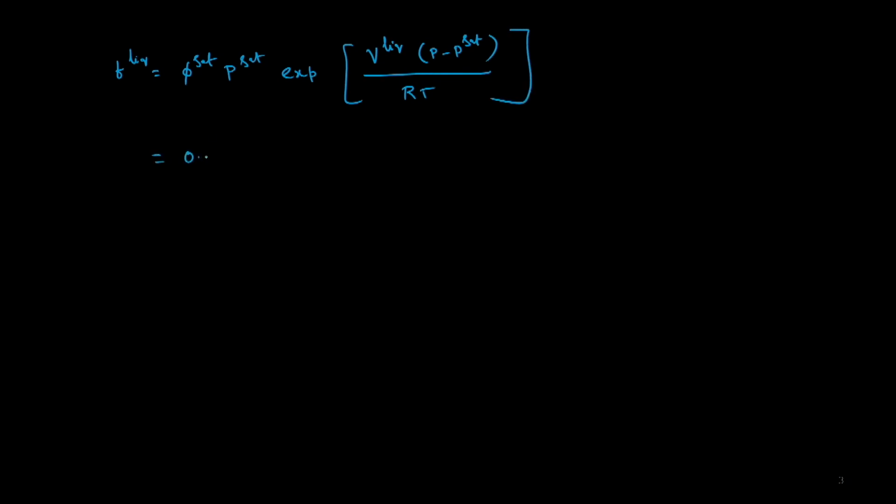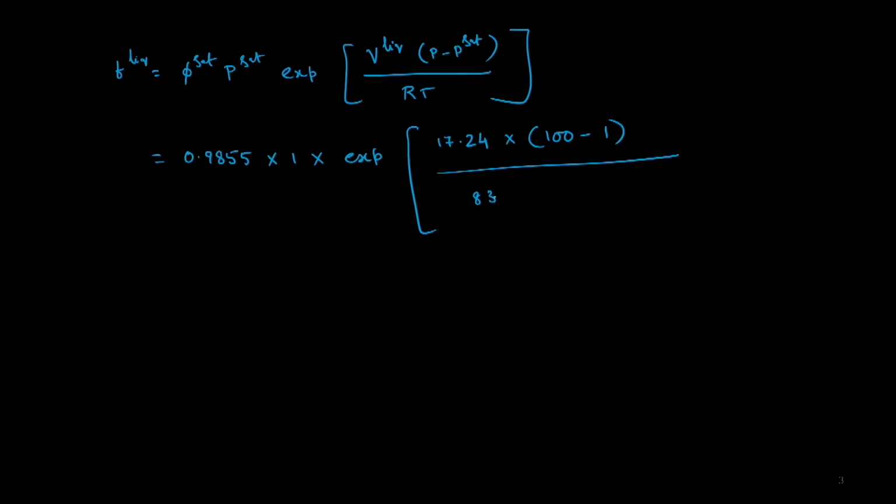The first value was 0.9855 times P sat, which is 1, times exponential of V liquid, which is 17.24 cc per mole, times 100, the value for pressure, minus 1 bar, the value for P sat, over 83.14, the value for R in bar cc per mole per Kelvin.